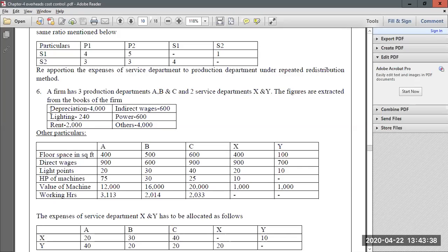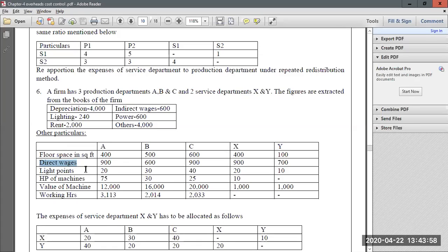In order to allocate or apportion these expenses for preparing the primary distribution, we have to find a suitable basis for all these expenses and do the apportionment. In a question where primary distribution has to be done, we should see in the table of basis of apportionment whether they have given direct wages.